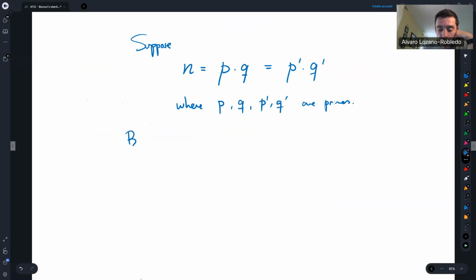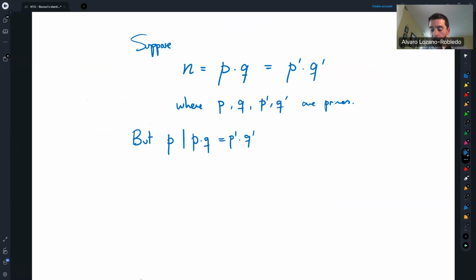By the corollary, well, before I use the corollary, this equation implies that p is a divisor of this number, right? So p divides pq, which is p prime times q prime, then p divides p prime times q prime.